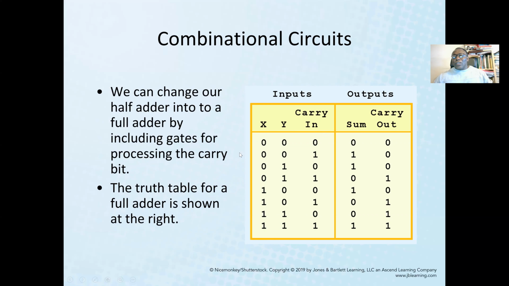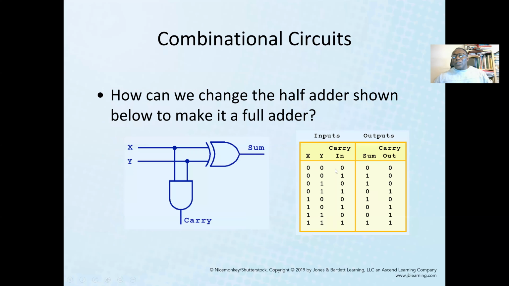Here we can see that when everything is 0, we get 0, and when the carry in is 1 and the inputs are 0, we get 1. The list keeps going, and this is the circuit. How can we change the half adder shown below to its full adder? We have to look at the truth table and see the output.